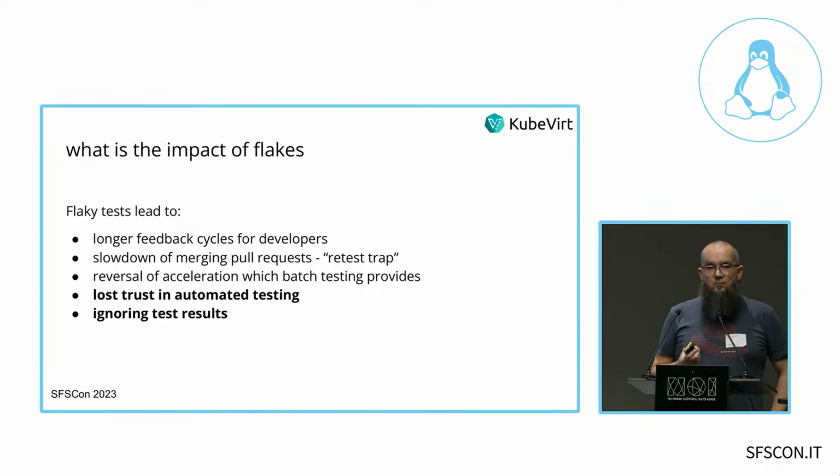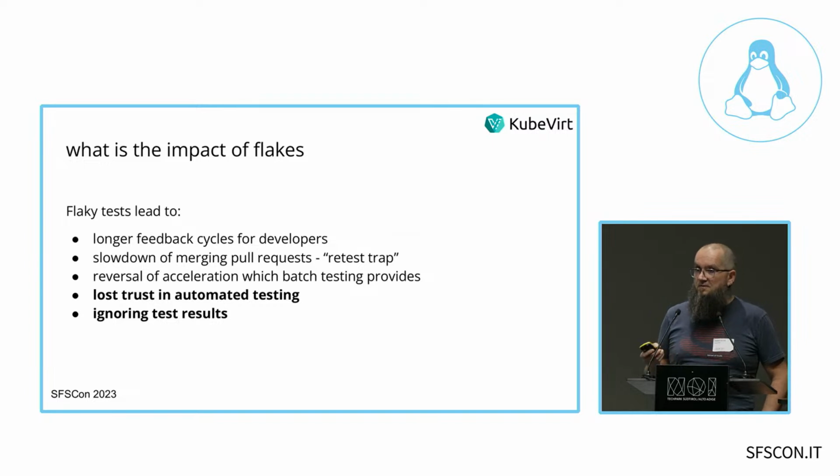What we have experienced while flakes were present, to boil it down, is that developers are getting annoyed by this. They have longer feedback cycles, so they sometimes just retest everything because they don't bother with the problem of it being flaky.